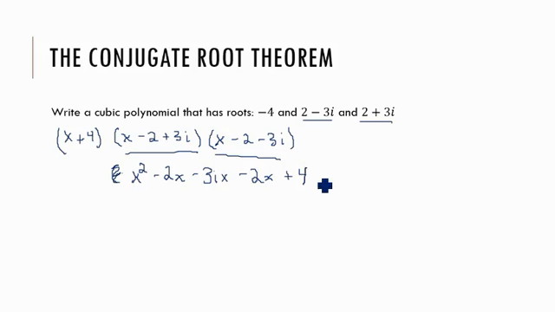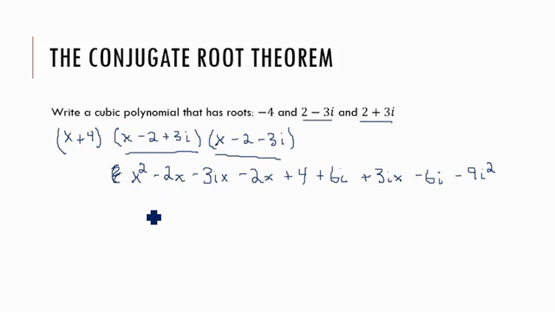Negative 2 times negative 3i would be positive 6i. Go to our third term, 3i times x would be positive 3ix. 3i times negative 2 would be negative 6i. And 3i times negative 3i would be negative 9i squared.